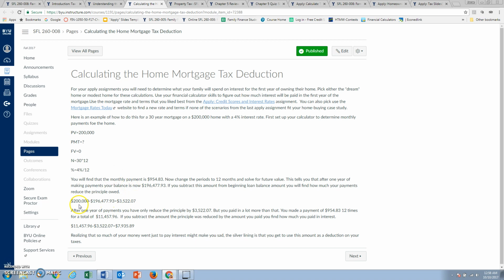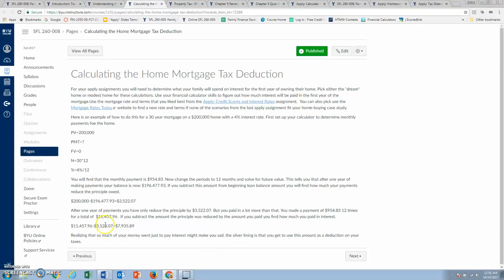If you take the beginning balance minus the future value after 12 months, it tells you how much the principal was reduced after 12 months. Then you need to take what you actually paid into the loan. So you take the monthly mortgage payment and multiply it by 12 to see how much you paid.